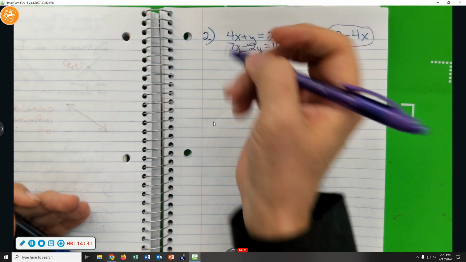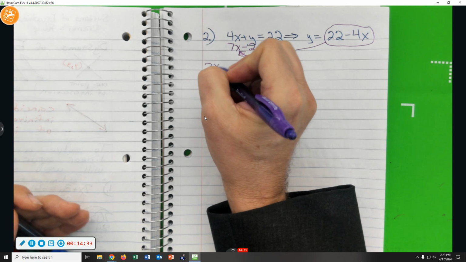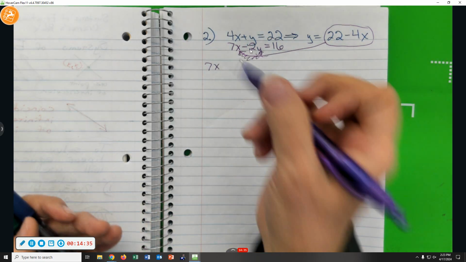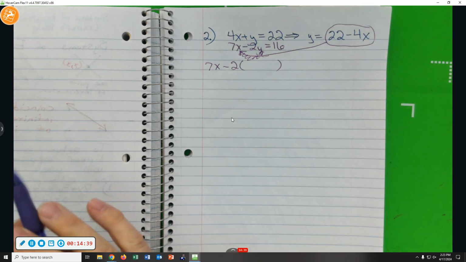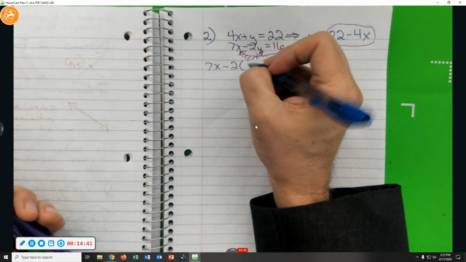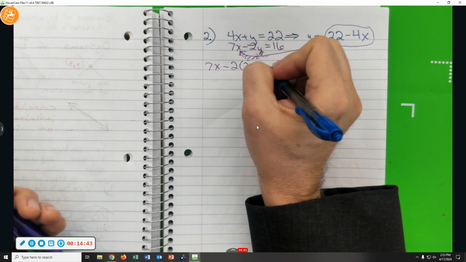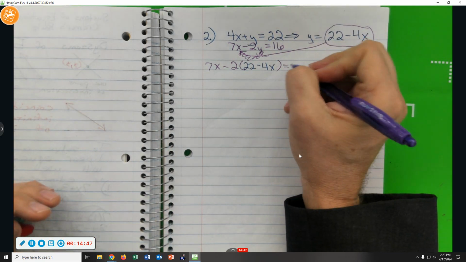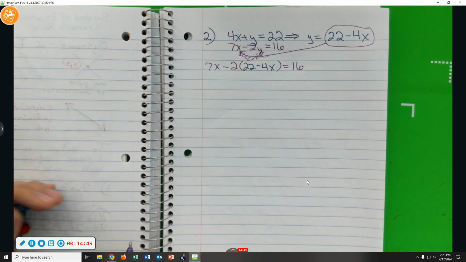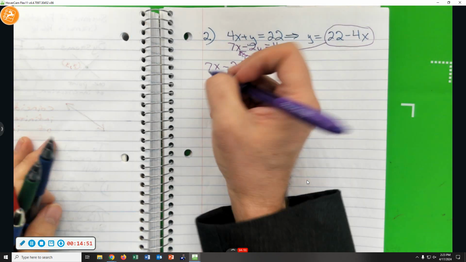So we have 7x minus, replace the y with 22 minus 4x, is equal to 16. So we have 7x.